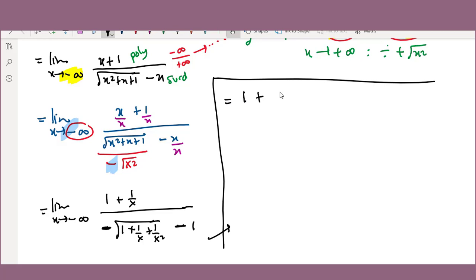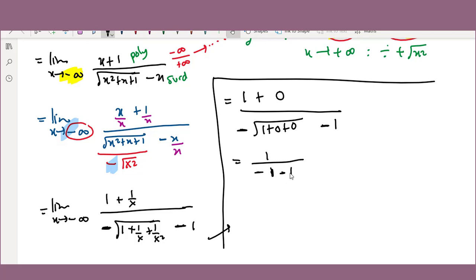So 1 plus 0, 1 over infinity is 0, and negative square root of 1 plus 0, minus 1. So 1 over negative 1 minus 1 is equal to 1 over negative 2, which is negative 1 over 2. So the answer is negative 1 over 2. That is 6F.